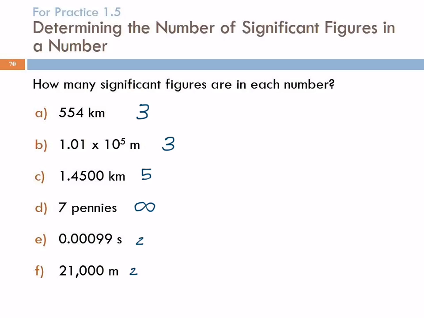Can you further explain E. Yes. So 0.00099 seconds. These zeros are very important, but they're not what's called a significant figure. One of the things that can help us unveil those non-significant zeros is putting numbers in scientific notation.